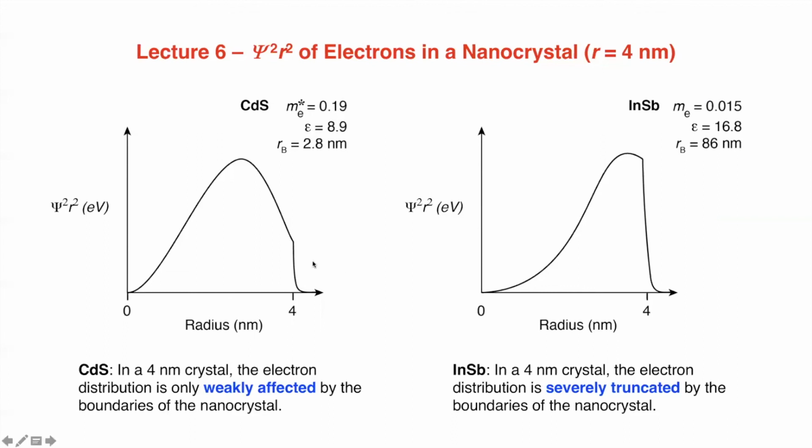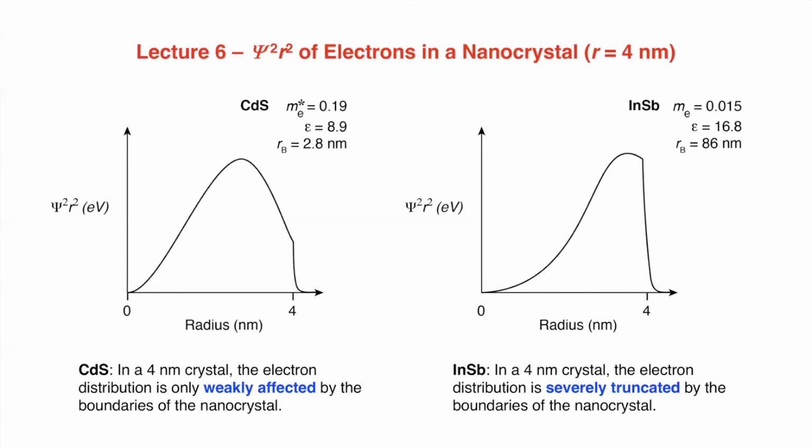But first, let's take a look at just the shape of this radial distribution function to think about what it means. So on the left-hand side, what you see is a shape that sort of goes up and comes down, much like what you saw on the previous slide, until you run into 4 nanometers. 4 nanometers is the edge of this hypothetical nanocrystal that we're discussing here.